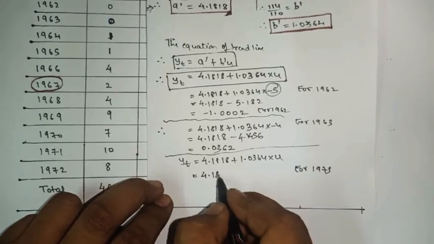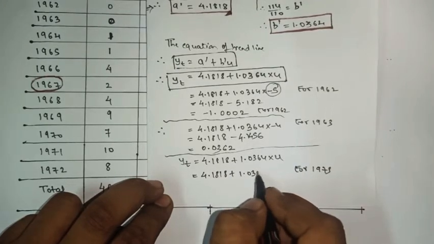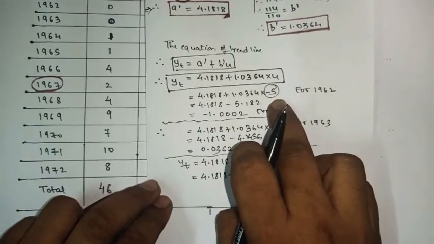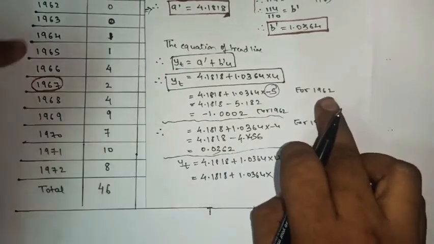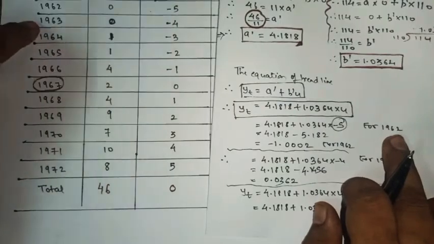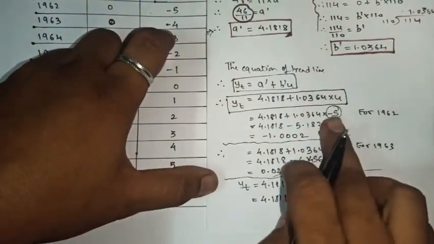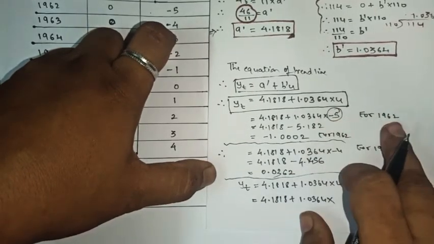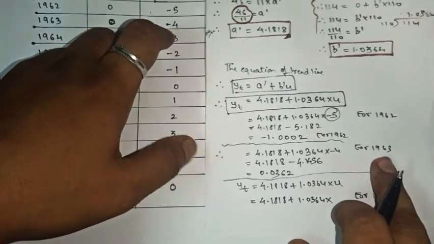Now we have to find the trend value for the year 1975. So for 1975, as per the rule, we require the value of u, no? Like 1962 it was -5, 1963 it was -4. So after replacing the value of u, you will get the value for 1962, 1963.